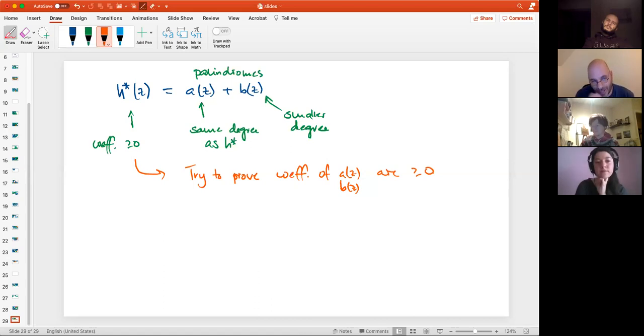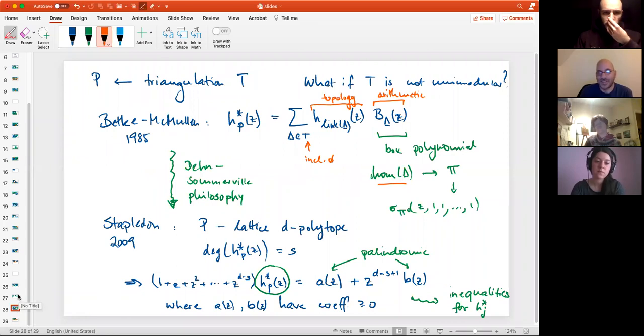And of course, I want you to try this in a situation where these polynomials sort of half present themselves a little bit. For example, in this case, they present themselves out of this Beck-Mac-Mullen theorem.